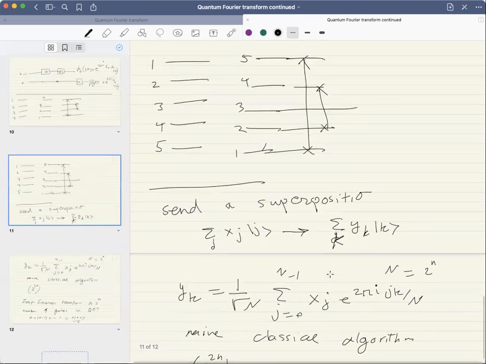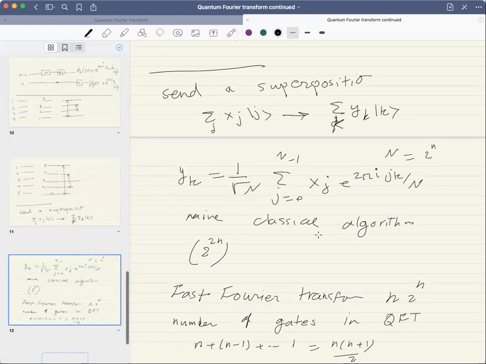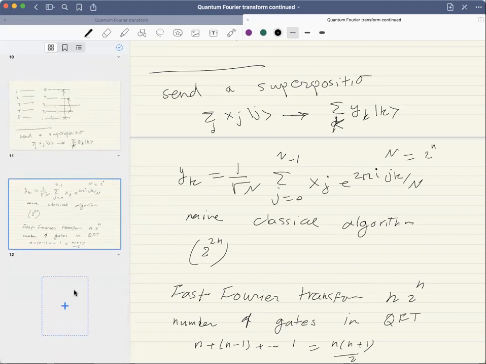So there's an exponential difference between the number of gates in the quantum algorithm and the number of operations in the classical algorithm. On the face of it, that looks really great. But there are some complications, of course. It's not necessarily always useful.